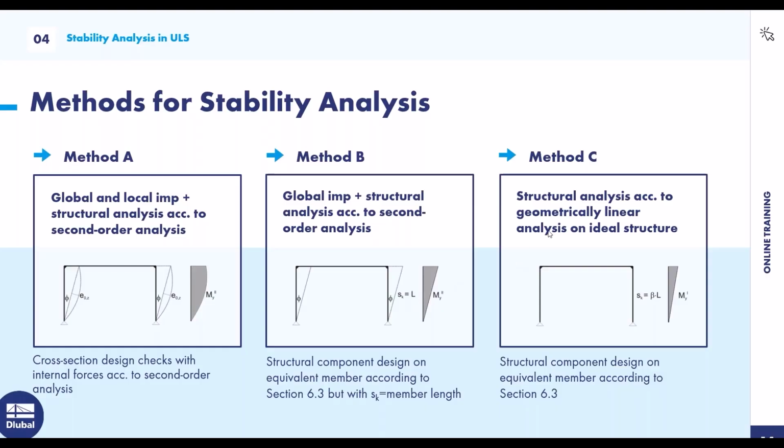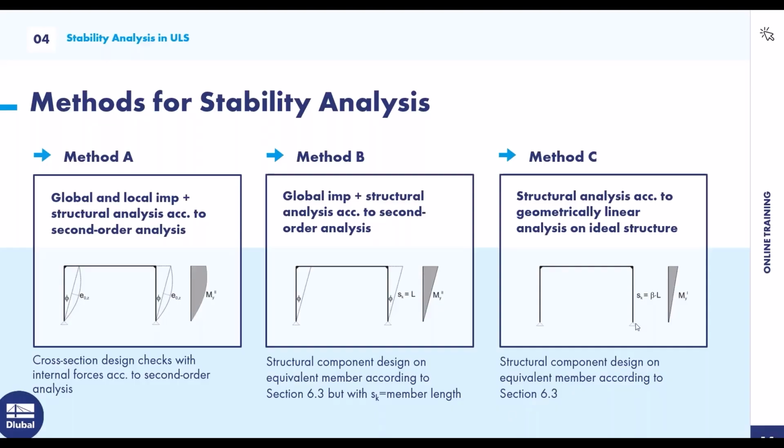Okay, then method C: structure analysis according to geometrical linear analysis on the ideal structure, but in that case with the real buckling length. Important for method C is that the structural component design can be carried out for flexural buckling with the internal forces according to the geometrical linear analysis, which were determined on the ideal structure without the use of imperfections.